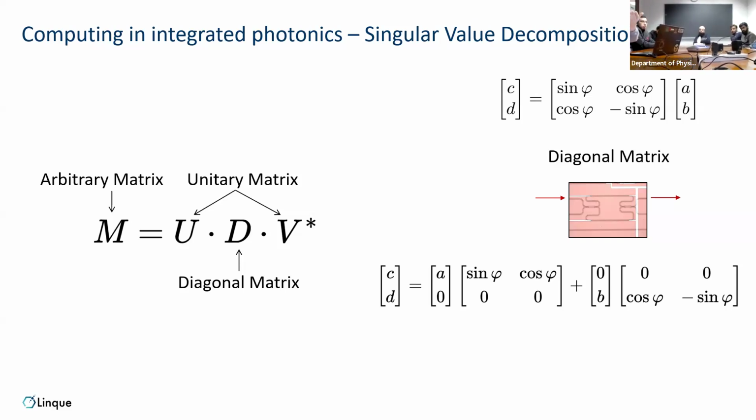You dump all the intensity you don't want into an unmeasured output. So you get basically a factor smaller than 1 onto the input value. And you can do this for any of the diagonal inputs. So you need one MZI per diagonal input, then you have a diagonal matrix essentially. If you have questions, ask.